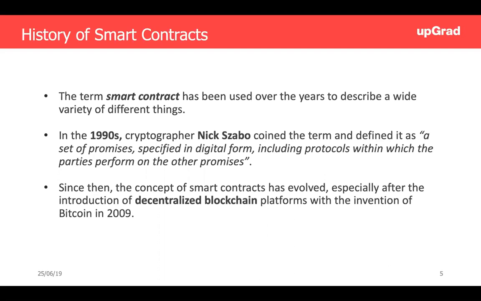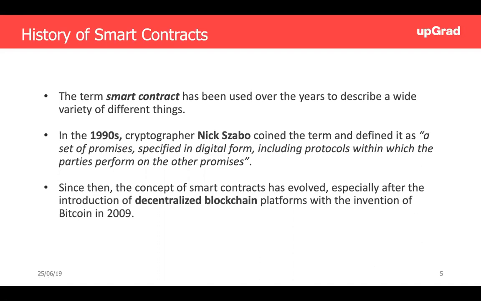All right, so we've looked at the history of smart contracts. Again, some very basic information about the idea of smart contracts. I think most of us are fairly familiar with what smart contracts are now. We know that in terms of blockchain, smart contracts are essentially some sort of decentralized code that you can put on top of a blockchain platform.